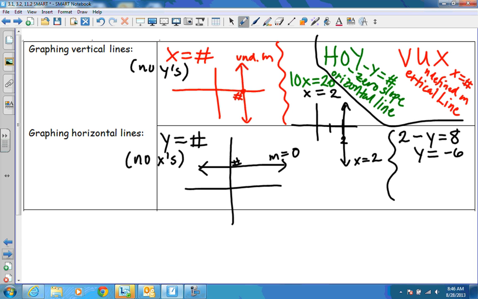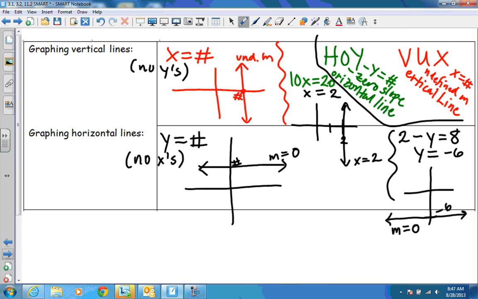Y equals a number means it is what kind of line? Horizontal line going through -6 on the x or the y? On the y, because you're dealing with the y. And what kind of slope does this have? It's 0.